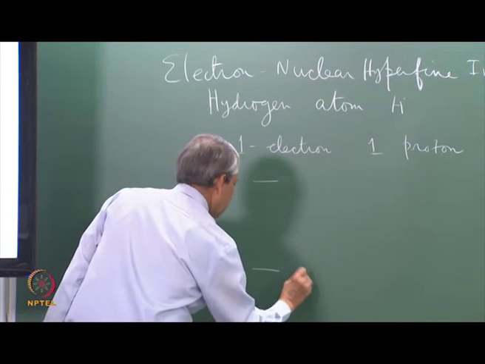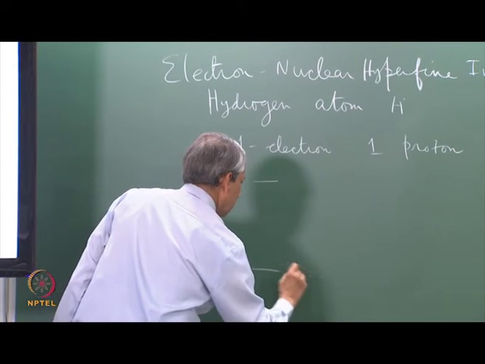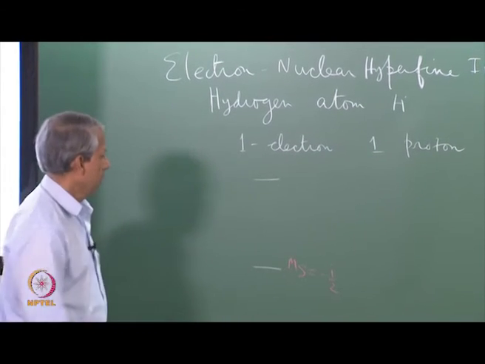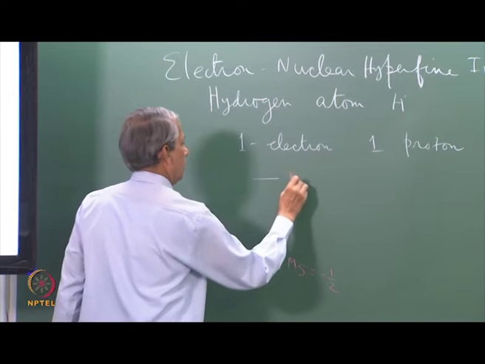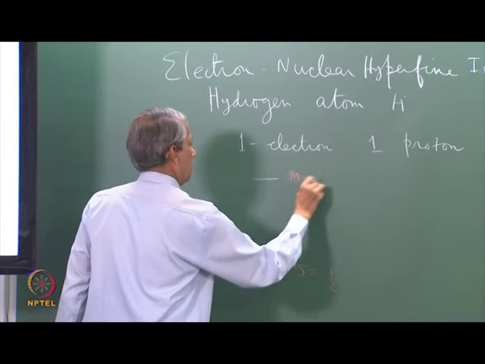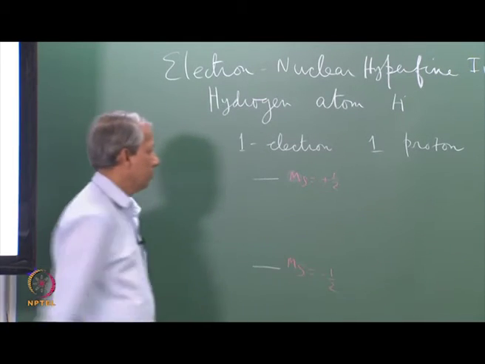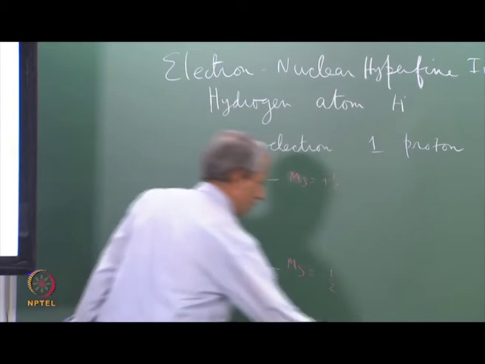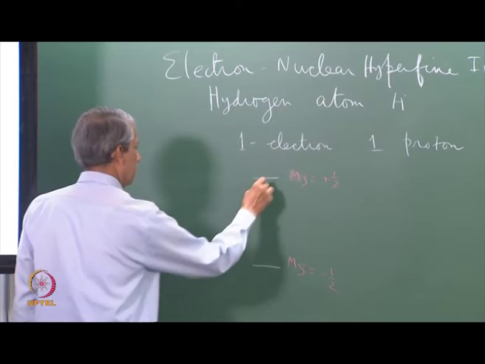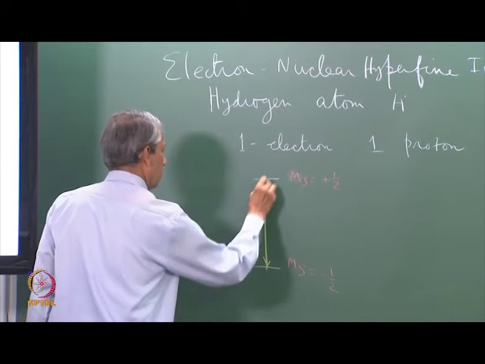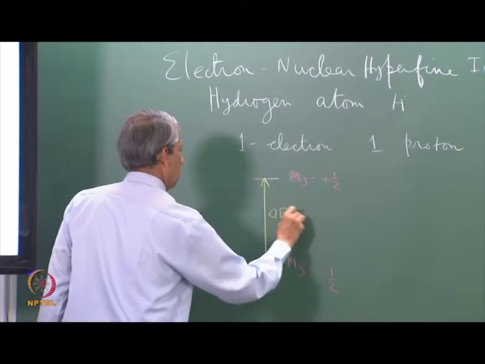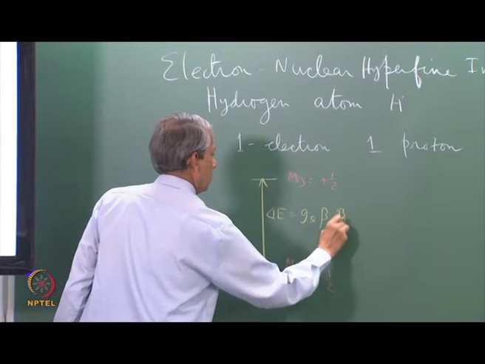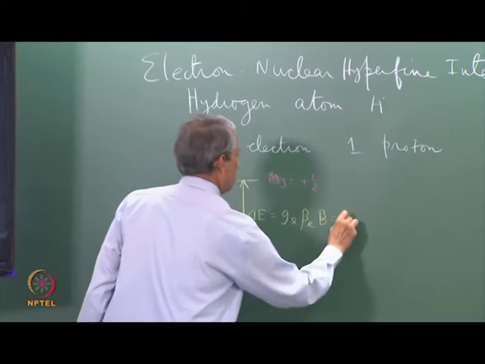Let us call it S, with ms equal to minus half, and here ms equal to plus half. And as we discussed earlier, if this is the case, then I see a transition which looks like this, delta E is equal to g beta B, and this will be equal to h nu.